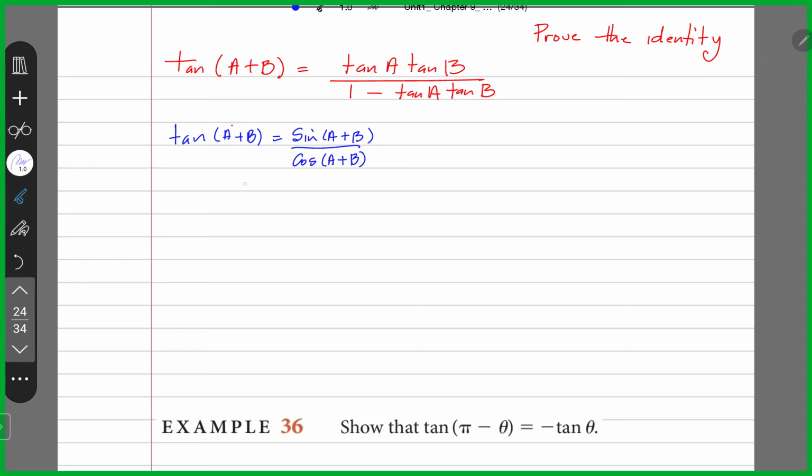So now, let's expand sine(A + B) into sine A cos B plus cos A sine B.